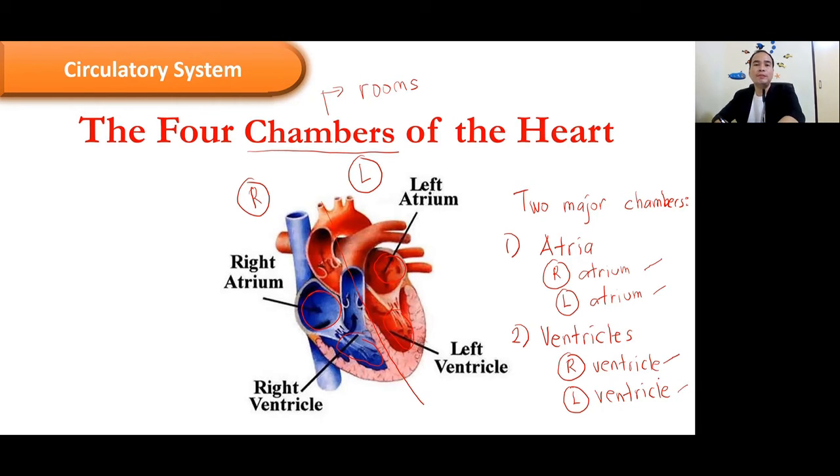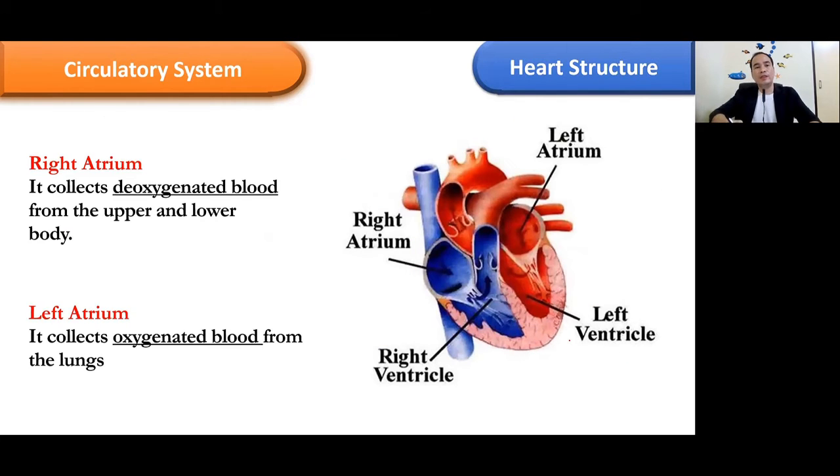Okay, so let's go to each room. So let's begin first with your atria. If you look at the picture on the right side of the screen, if we divide this one into the upper and the lower, your atria is located in the upper chambers of your heart. So they're above and your ventricles are below. In your right atrium, we have to remember that it collects the deoxygenated blood.